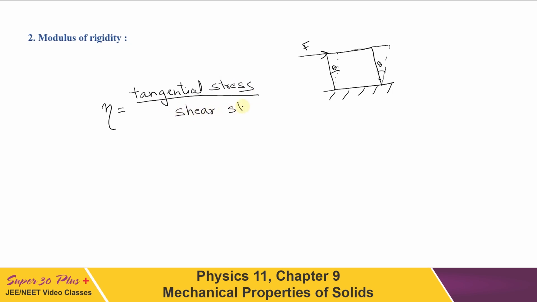As I had said, this shear strain is measured in terms of the angle by which the face has been deflected on which the force F is applied. So if we now substitute the values for tangential stress, it should be F by A upon the shear strain that I have shown here as theta. So the value will be equal to F upon A theta. This is how modulus of rigidity is defined.